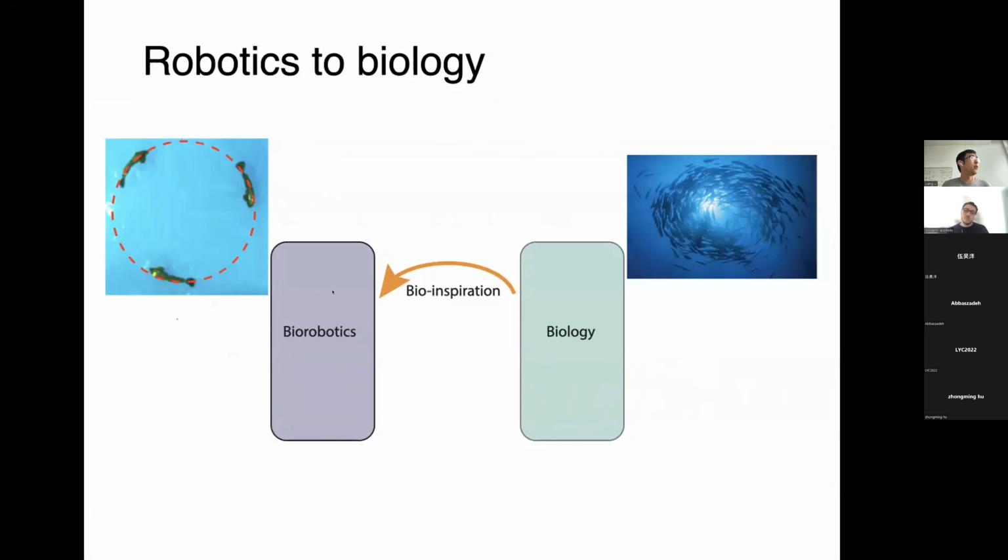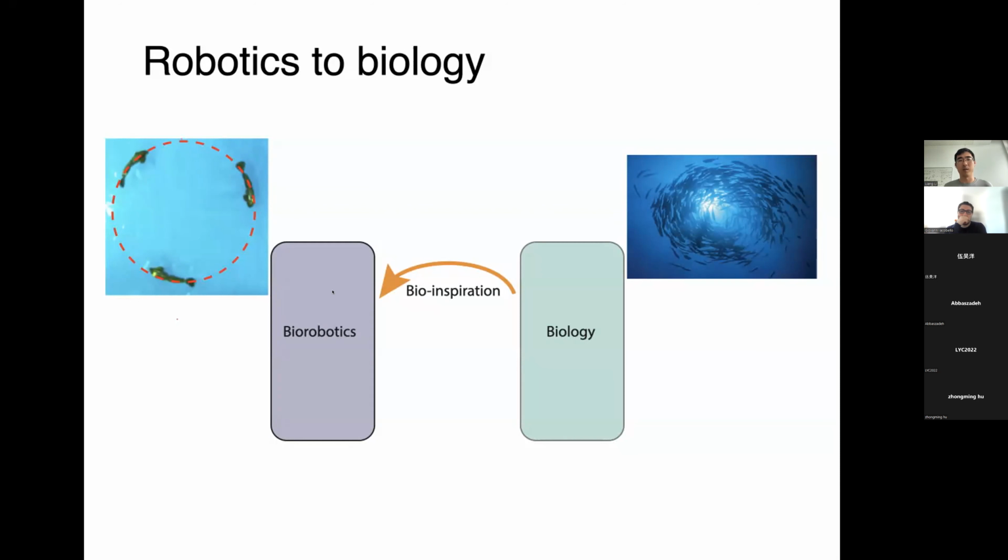After these experiments, after these 2 projects, I find most of my study goes from biology to biorobotics, which means we learn from nature, and we never think about the other way. We already have those bio-inspired robots. They are cool, they are great.